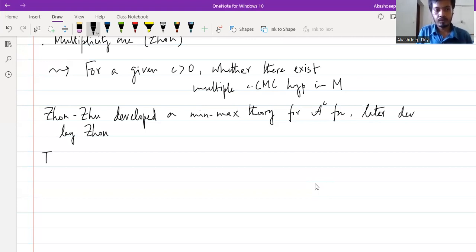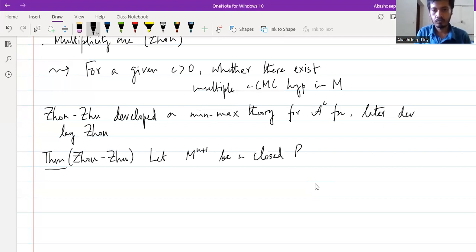More precisely, we have the following theorem by Zhou and Zhu. Let M^(n+1) be a closed Riemannian manifold with the ambient dimension n plus 1 between 3 and 7.